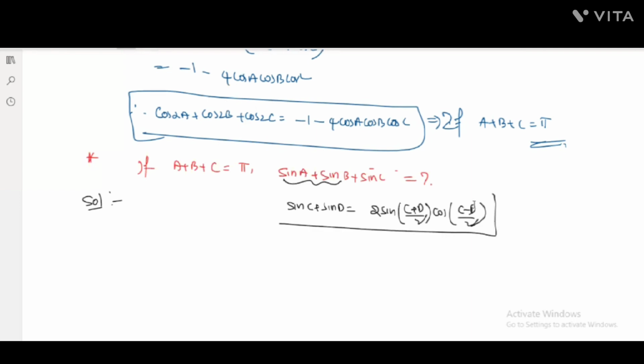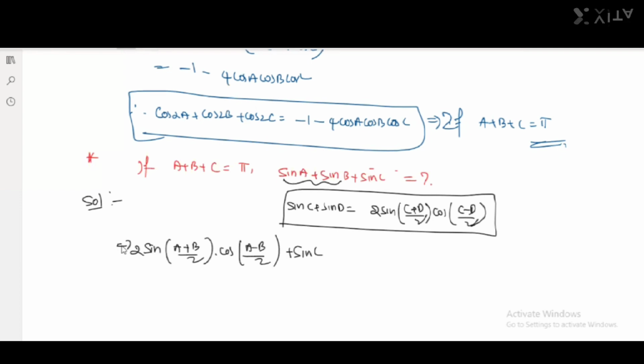We'll get 2 sin of (a plus b) by 2 cos of (a minus b) by 2 plus sin c as usual. How can we write this here? a plus b plus c is 180, which means a plus b will be 180 minus c.